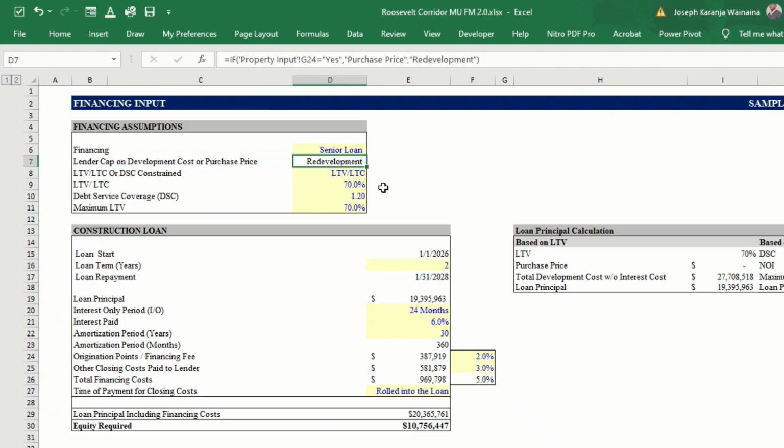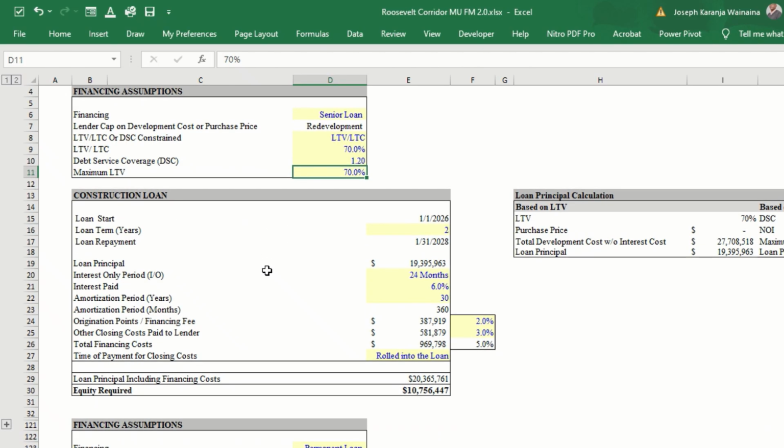So you do have, it's a redevelopment loan. We also have, if it is based on LTV or debt service coverage ratio, you can select. So you can say what is the LTV ratio that lender will use, 70%, the minimum debt service coverage ratio that will be used, 1.2, and the maximum LTV should be 70% for this project.